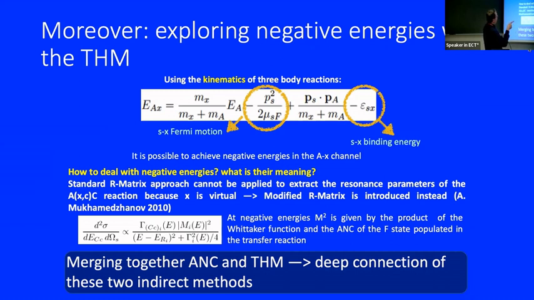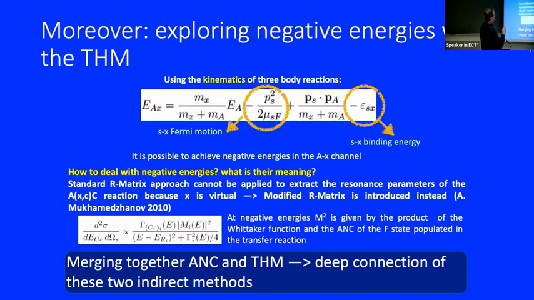From this equation, you can also get negative energies for your E_Ax. This is because you have this off-energy-shell particle in the entrance channel, so it's not the real particle. So you can get to negative energy thanks to this, and you can choose all these parameters in order to go to negative energies.